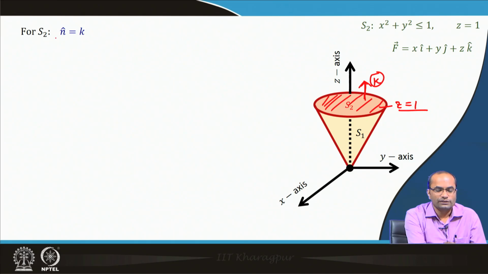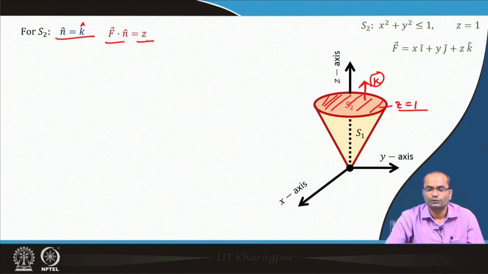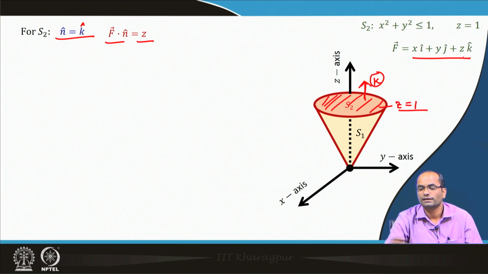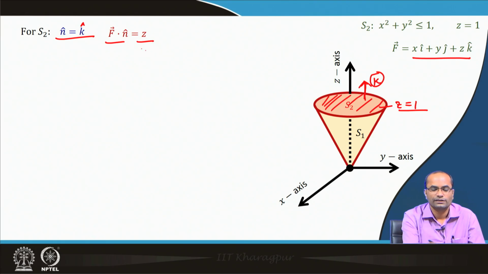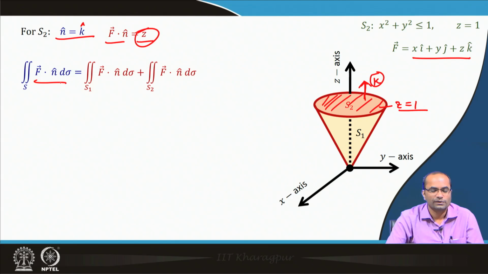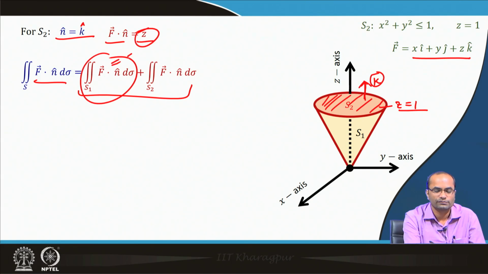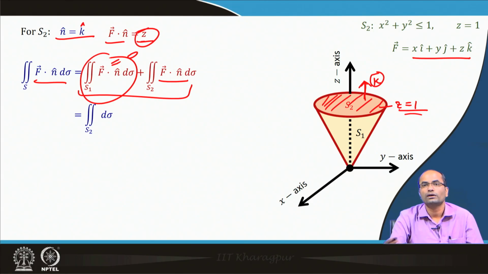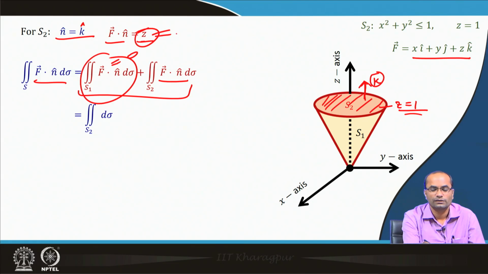So, for S2 the unit normal vector is k, and then f dot n we can compute, because f is x i, y j and z k. So, this is simply z. Then f dot n is z, and z is 1 on the surface S2.